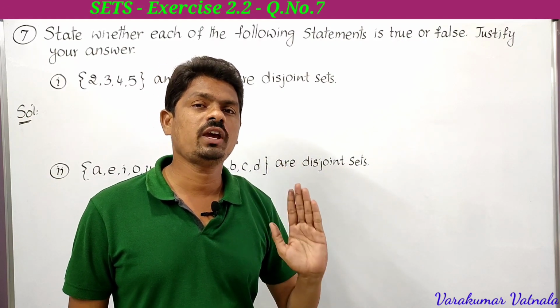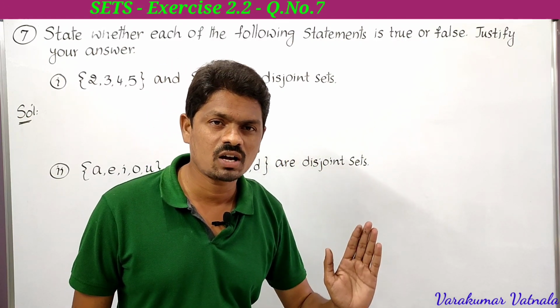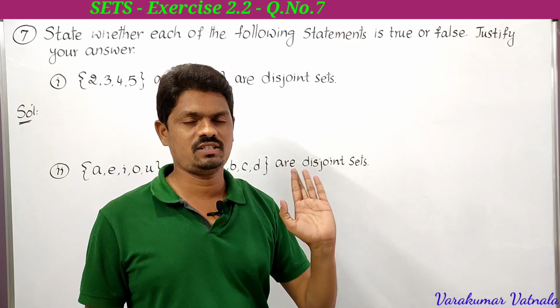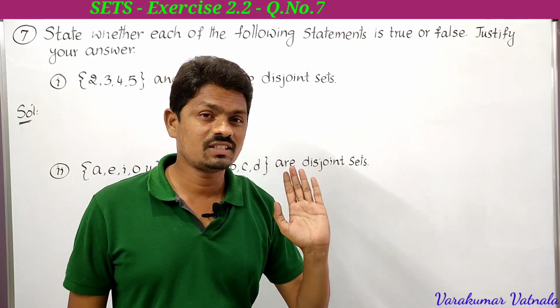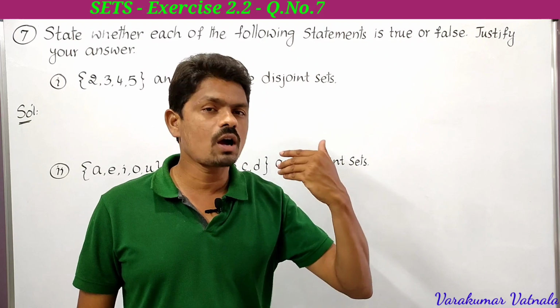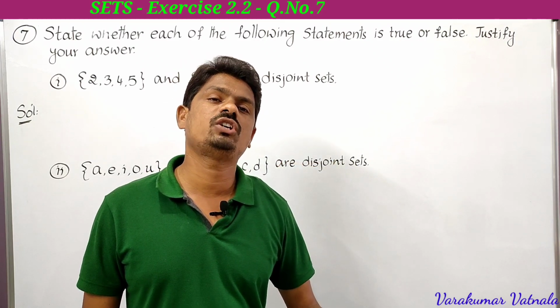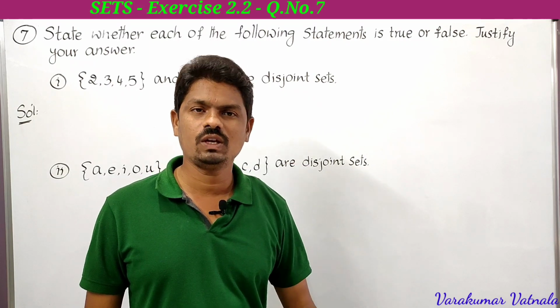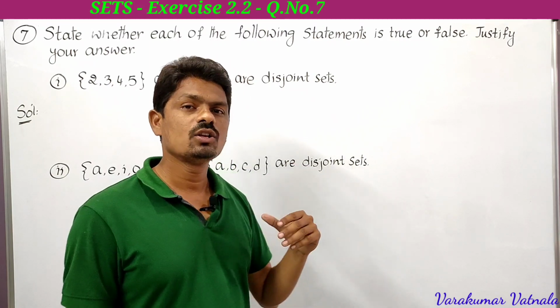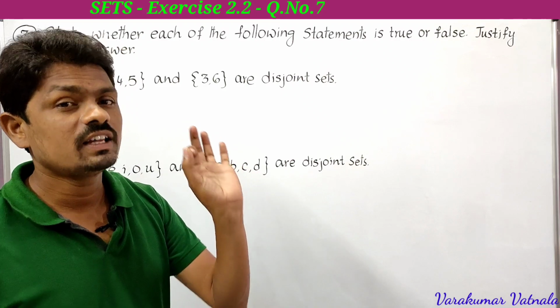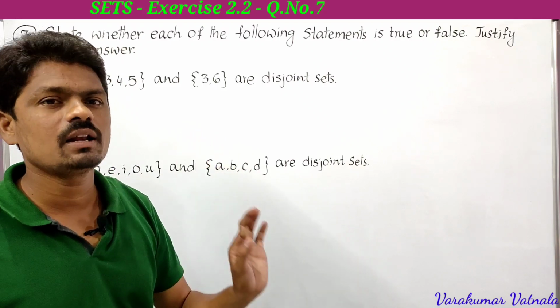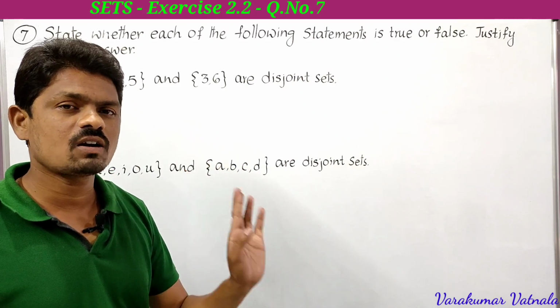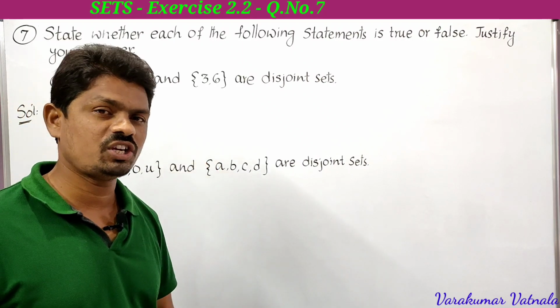The sets which have no common elements are called disjoint sets. See here, the sets which have no common elements are called disjoint sets. If their intersection is null set, we can say they are disjoint sets. So just you have to observe whether there are any common elements in the sets. If there are common elements, they are not disjoint.